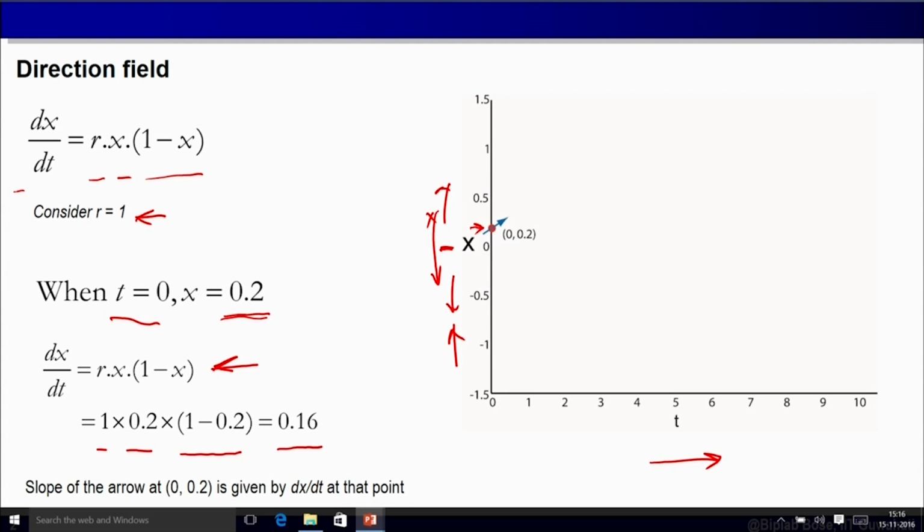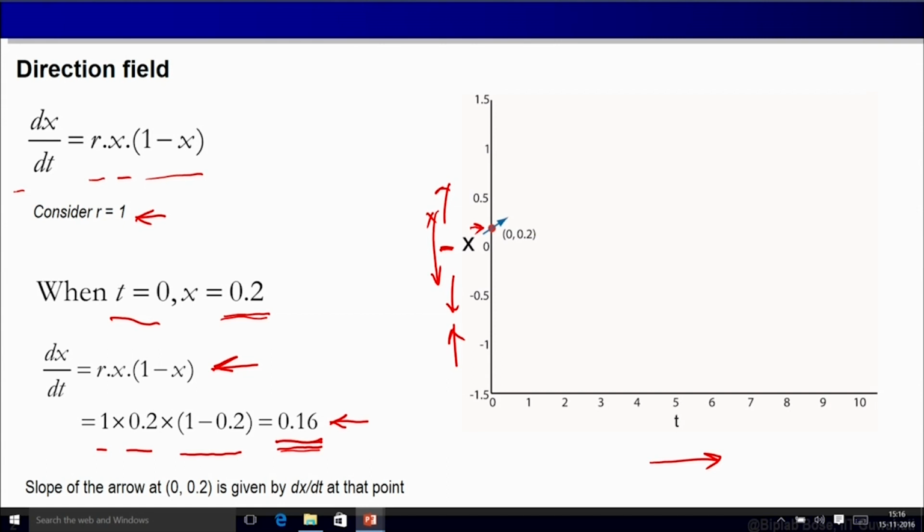an arrow having a slope which is equal to dx/dt. So here at that point dx/dt is 0.16, that comes around 9 to 10 degree angle. So put an arrow having an angle of 9 or 10 degree based on this dx/dt. And notice the arrowhead is pointing up because I have a positive value of dx/dt here.